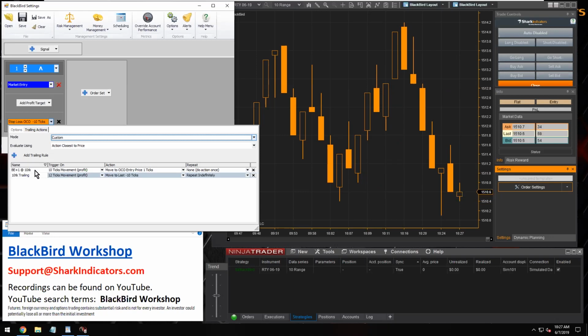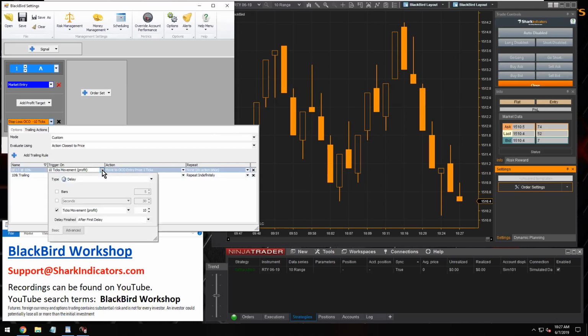Let's take a look at the break even trailing here. If you notice, we have a trigger condition. This trigger is simply using the delay option. There are a lot of other triggering options here, but for a break even at 10 ticks of profit, what we're doing is just waiting for the market to move 10 ticks in a profitable direction.